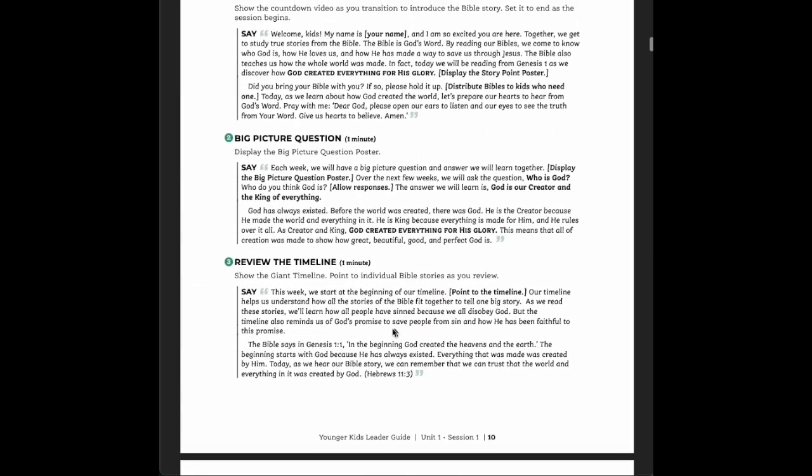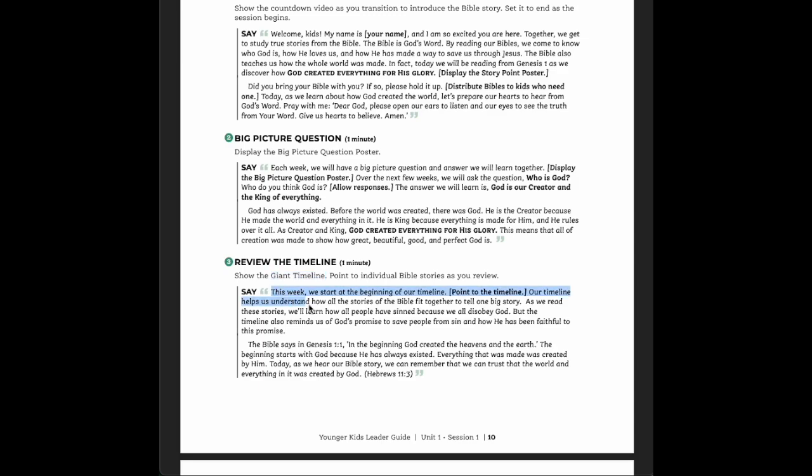One last thing that I wanted to note for this session, when it says review the timeline, we actually don't have the giant timeline. It's something you buy separately. It's a huge diagram you put on a wall, and it shows all the units and the sessions in order so that the kids can visually see where they are in the Bible story.